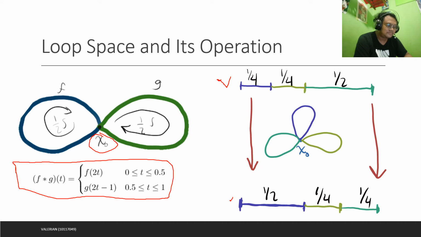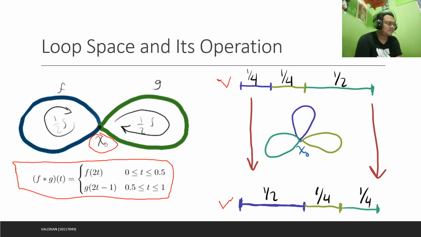This is a loop. The only problem here is only in the parameterization. So, how do we solve it? By means of homotopy, of course. Homotopy turns out to be a really strong tool in this case. So, we say that the operation is associative up to homotopy.